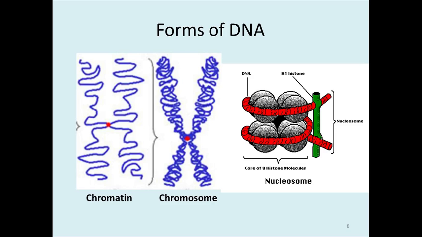That DNA molecule, however, can come in a variety of forms depending upon what's going on in the cell. When the cell is in interphase, or doing its job, DNA is found in a long, double-stranded fiber called chromatin.